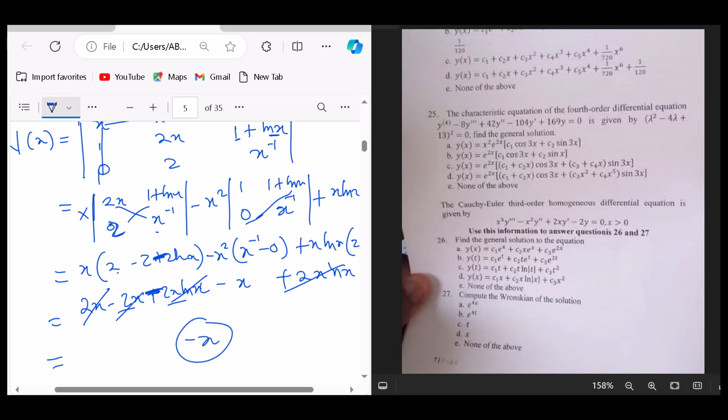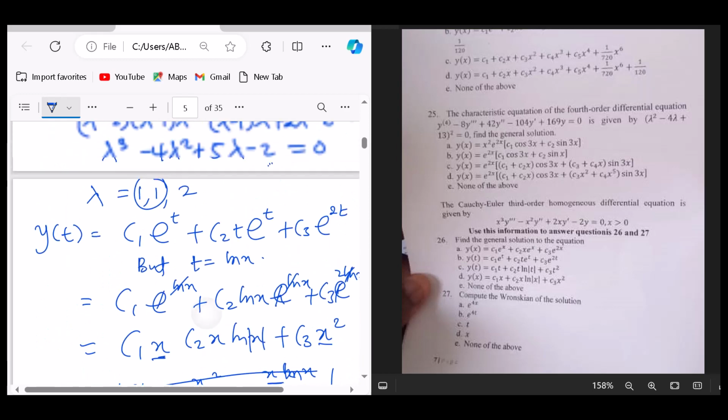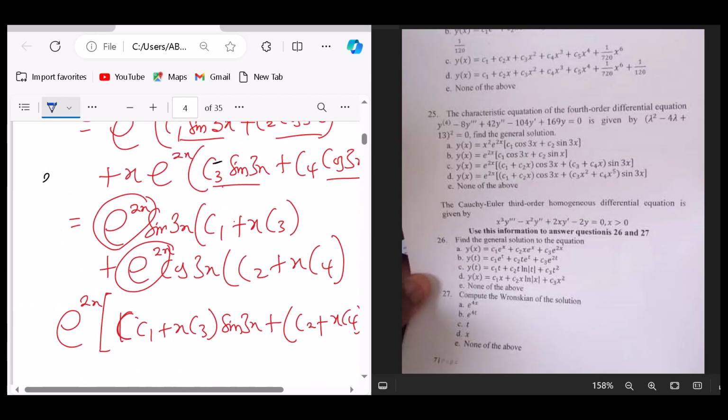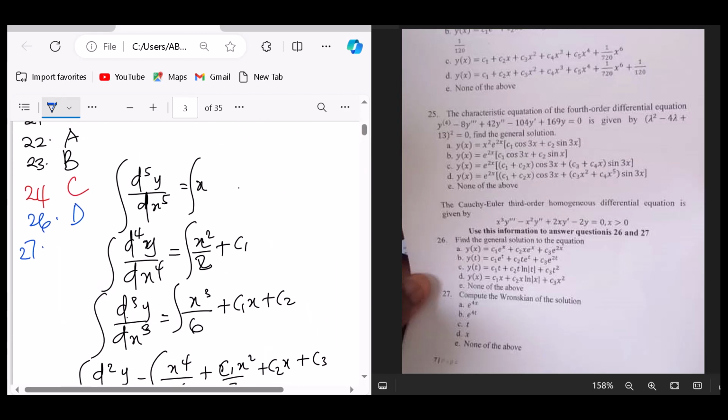The only answer close to it was x, but that one too is not negative, so we will have to take none of the above. So that's just E. I don't know whether I made a mistake, but I don't think I made a mistake. So that is just E. So E is the answer.